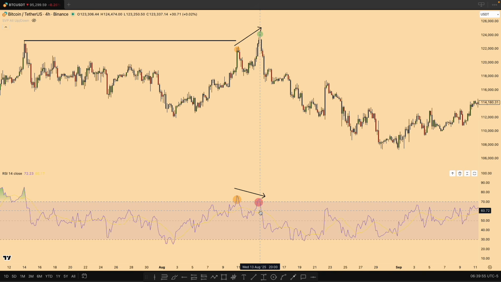So how do you use divergence correctly? Only use RSI divergences at key levels, such as range highs and lows, VWAP highs and resistance, or after extended directional moves. In the example on the chart, we have our range high, price pushes up into it, we get our higher high on the chart and on the RSI.